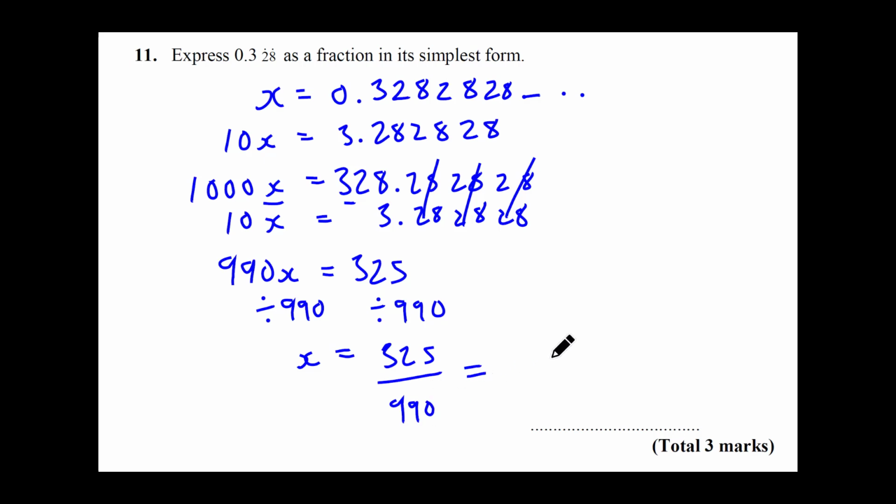Remember to simplify. So that's going to be 65 over 198. And that was just dividing top and bottom by 5. And that's quite easily done.